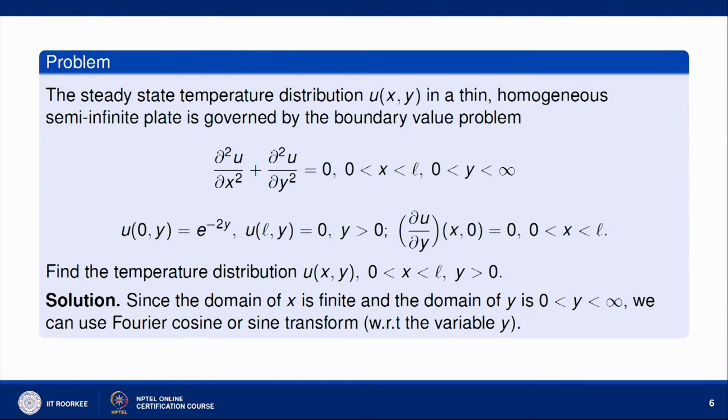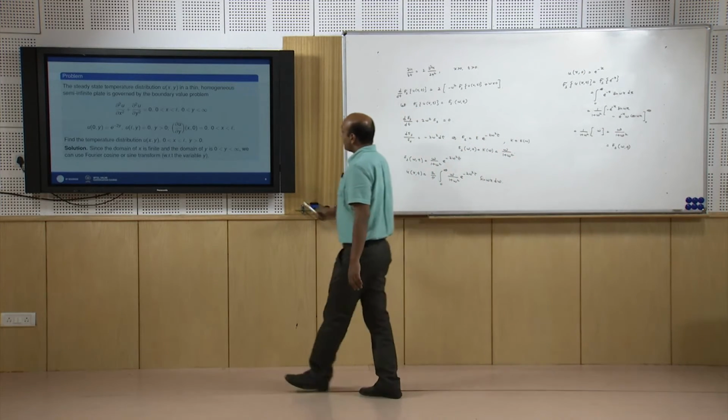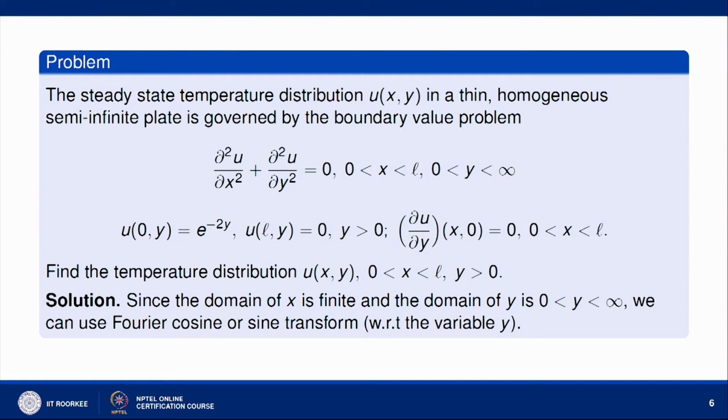So, we have to apply the Fourier sine or cosine transform with respect to y, number 1. Number 2, whether to apply Fourier sine or Fourier cosine will be decided by the conditions. Now, we will apply it with respect to y, and the partial derivative with respect to y when y is 0 is given to us.